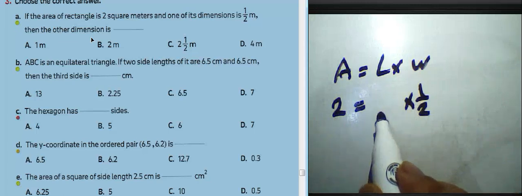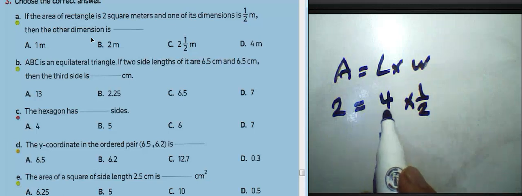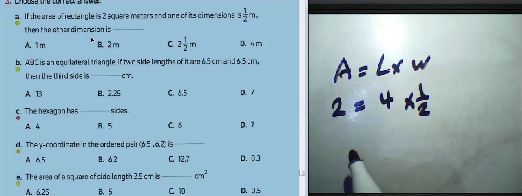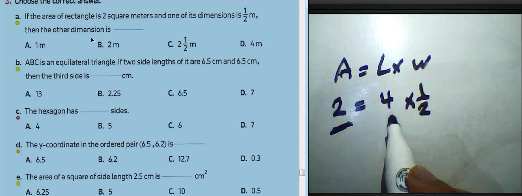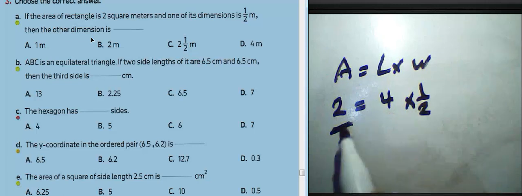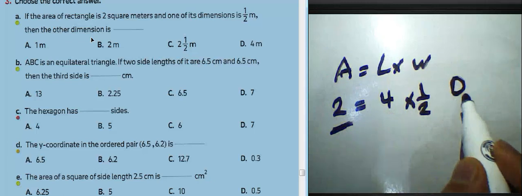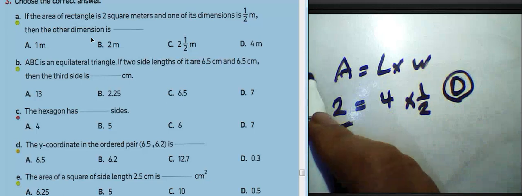So the second dimension will be 4, because 4 times half equals 2. We must choose letter D for question A.